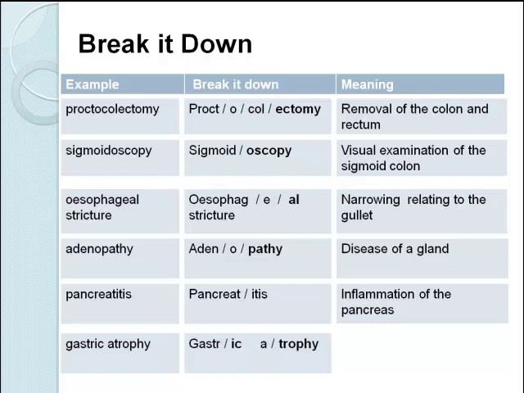Gastric is relating to the stomach, and atrophy was the term meaning no nourishment. And if a tissue has no nourishment, it's going to get smaller. So we think of the term atrophy as the word wasting. So it's wasting, no nourishment, relating to the stomach. Wasting or shrinking of the stomach.